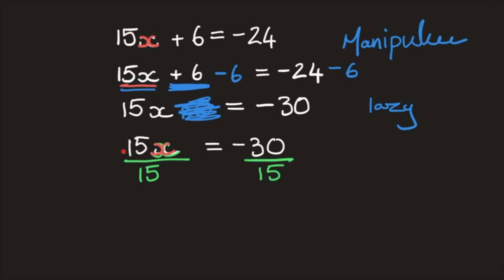And because it's multiplying it, we're going to do the inverse operation, which is divide by 15. So over here, we've got 15 divided by 15, and that's going to give us an answer of x. Technically, it does have a 1 over there. Why don't we write it? Because we're lazy, so we'll leave it out. And on the other side, we have -30 divided by 15, which gives us an answer of -2.